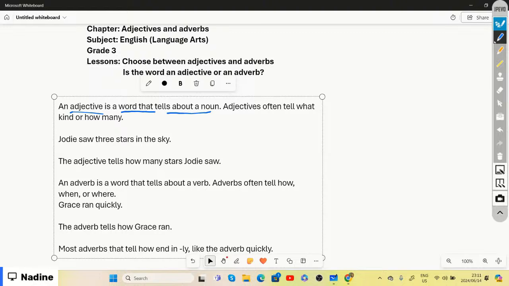It depends on the sentence, right? And then we said adjectives either tell us what kind or how many. And if we look at these two sentences of adjectives, one will tell us how many, and the other one will tell us what kind, right?